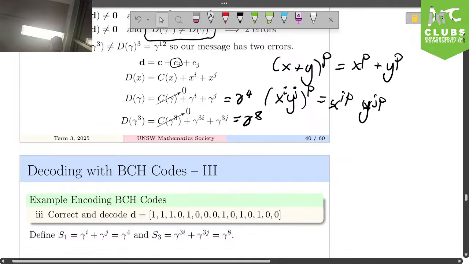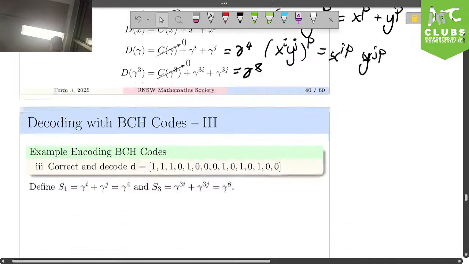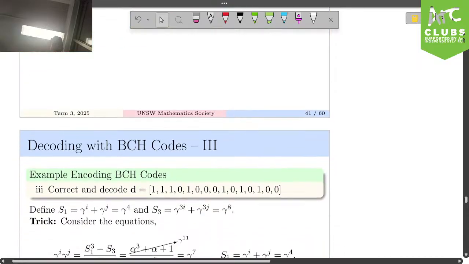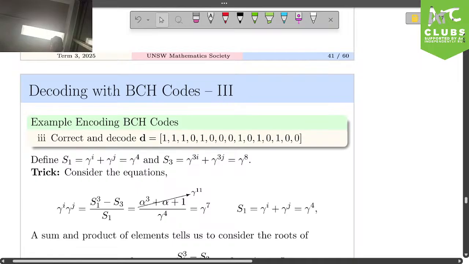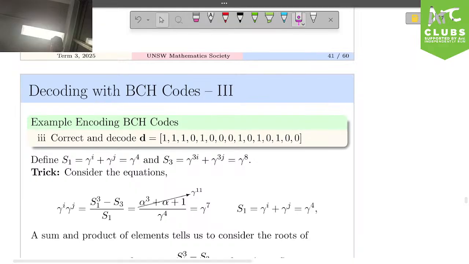What it actually lets us do is put these two things together: we can cube this expression, and then subtract off S3. We're trying to isolate the product, and we're trying to isolate the sum.